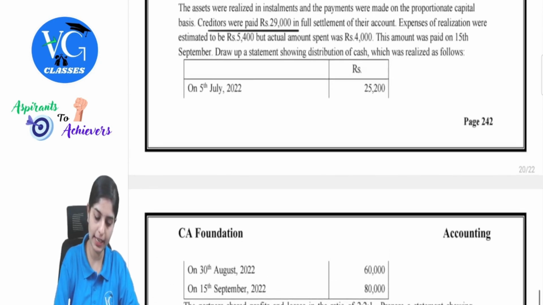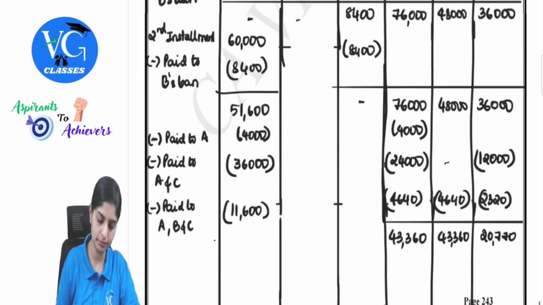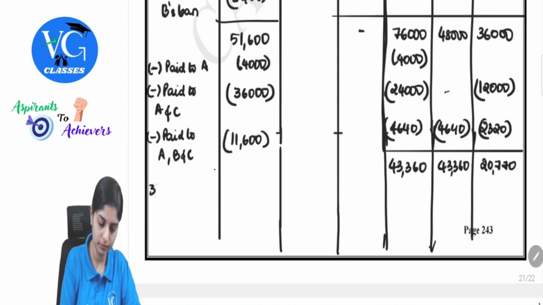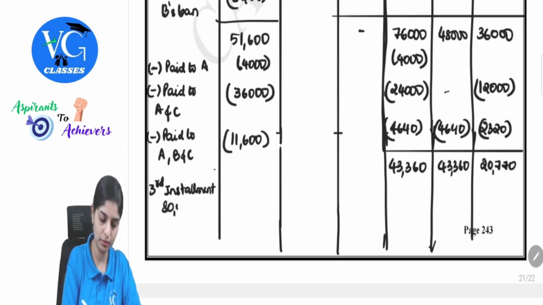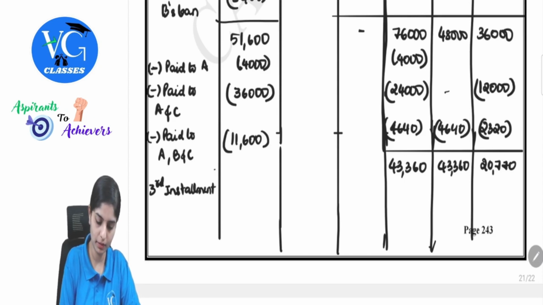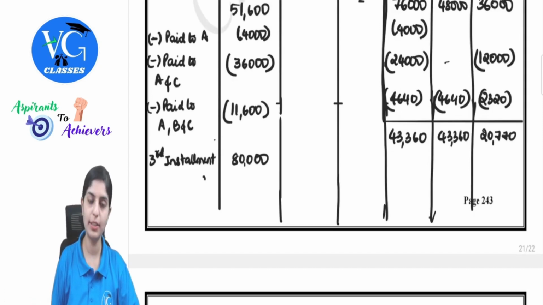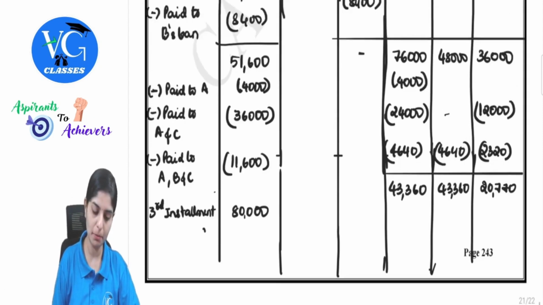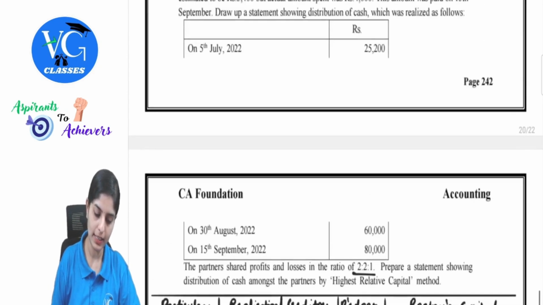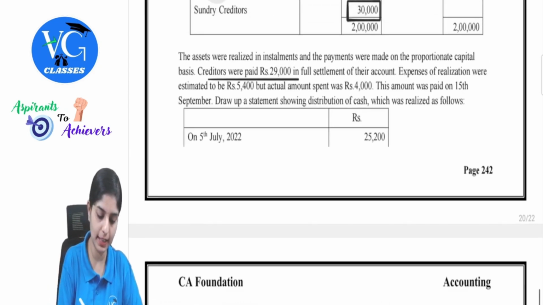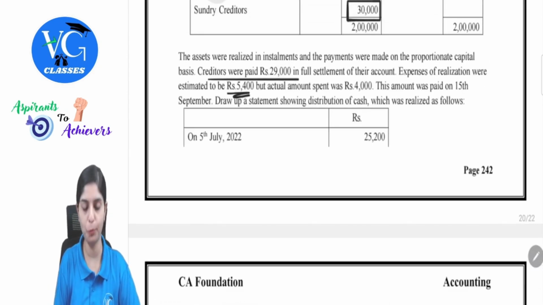Next installment is 80,000. Third installment, 80,000. Yes, now we have the third installment, 80,000. Remember guys, in the question, earlier they had estimated the realization expense to be 5,400.